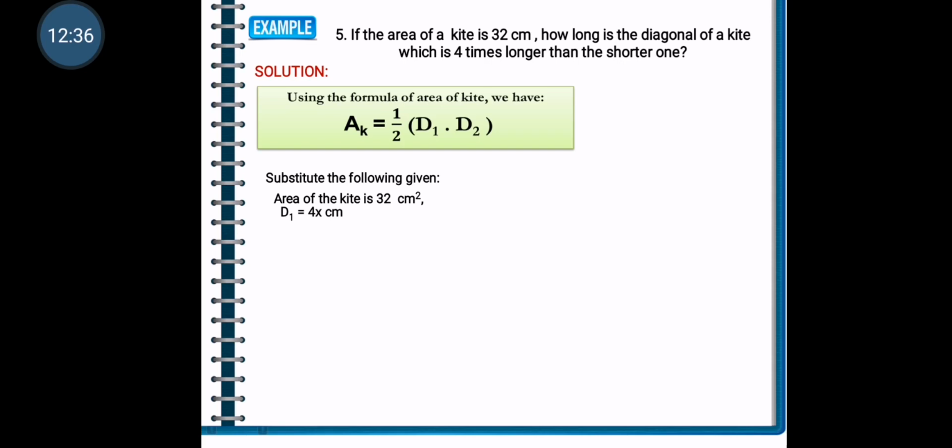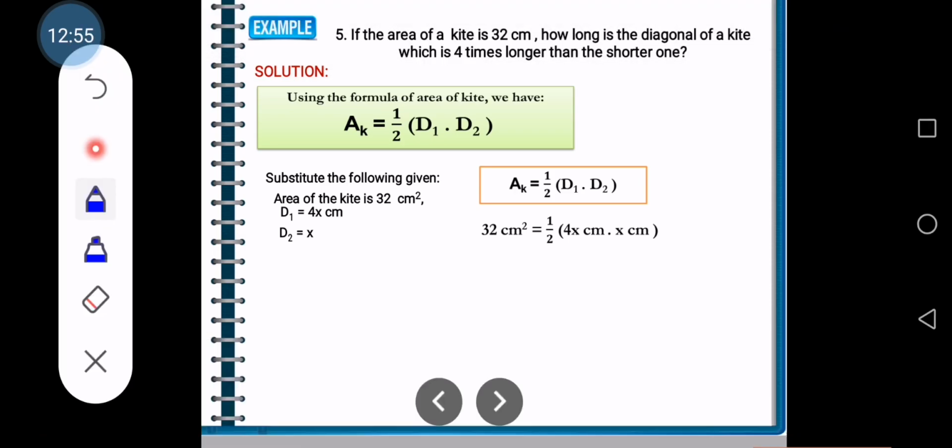So, diameter 1 is 4 times the missing. So, ito po yung mas mahaba. And then, diameter 2, let it be the x or yung maikli. Substitute natin. So, ang area daw ng kite natin is 32 square centimeter.